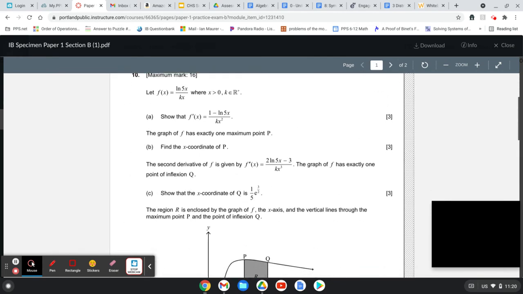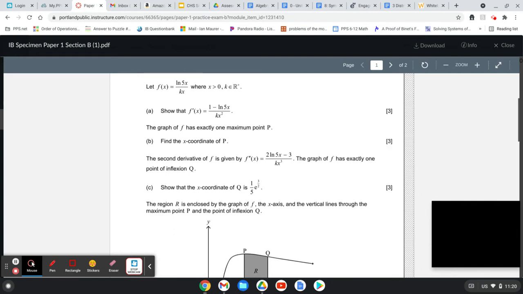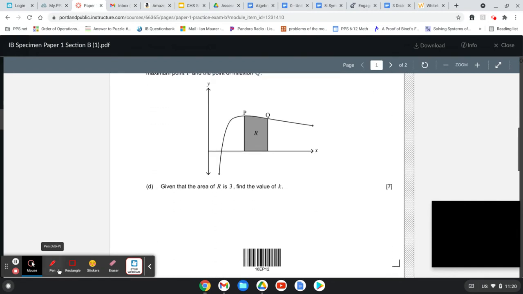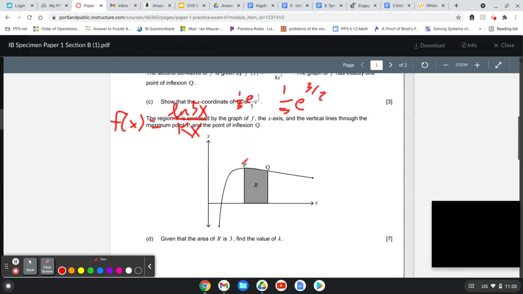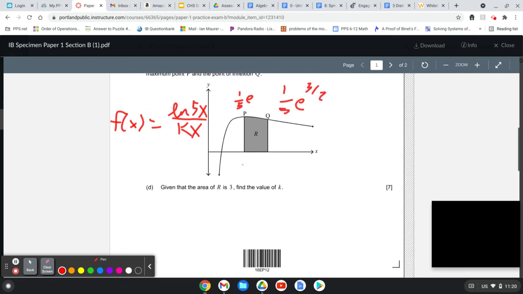So let me just copy down the function one more time, ln of 5x over kx. So that's our function, f of x, natural log of 5x over kx. P was 1/5 e, and Q is 1/5 e to the 3 halves. Double check on that. Looks good to me. Okay.